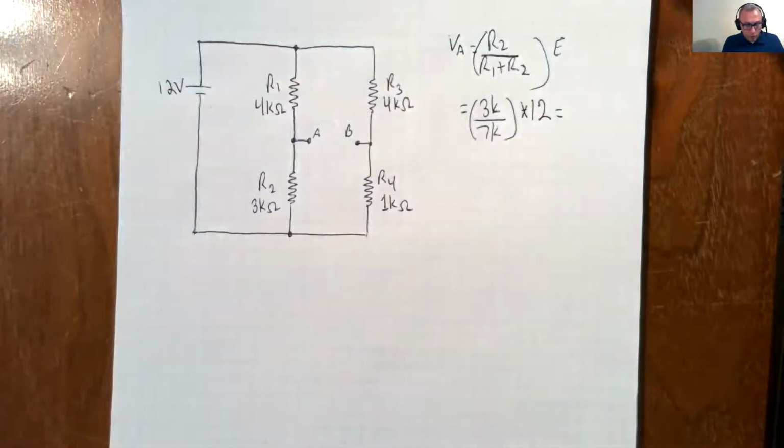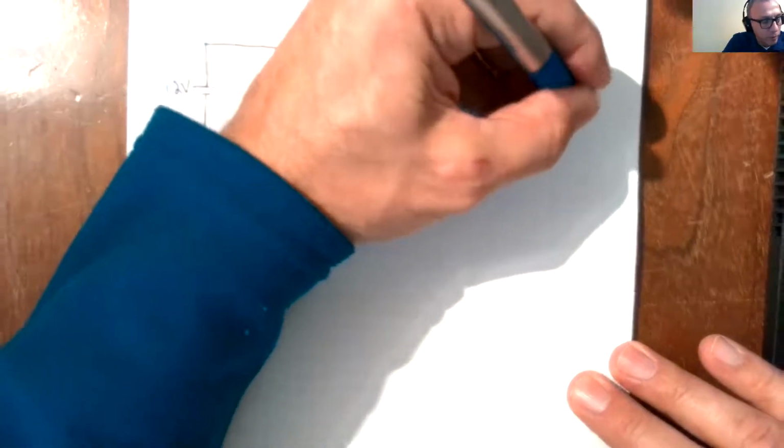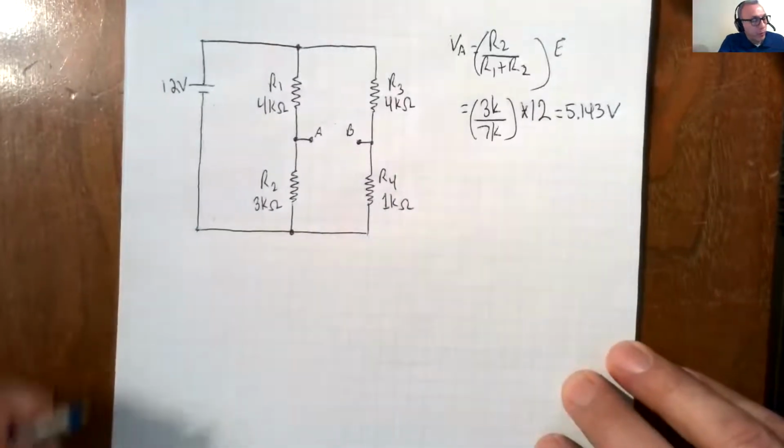All right, so there we get 5.143 volts. Okay, we get 5.143 volts over here.